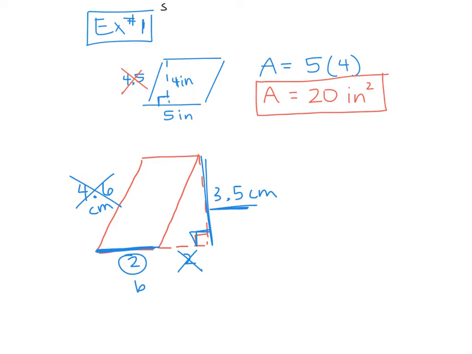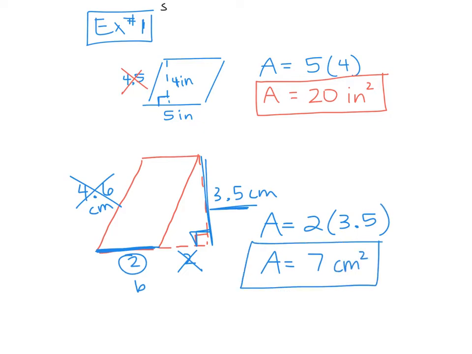So you're going to do area equals base times height. So you get an area of 7 what? 7 centimeters squared. Correct. Would that be 7 centimeters squared?